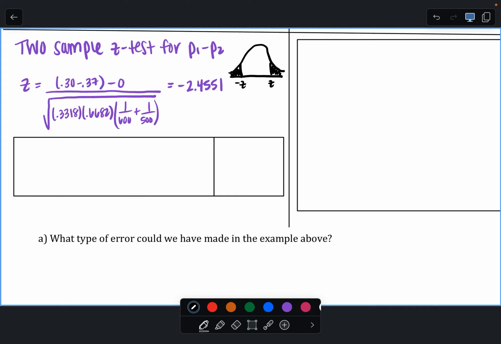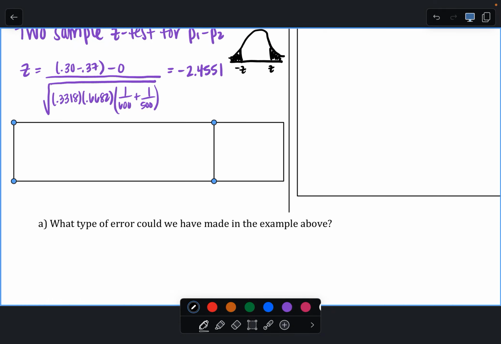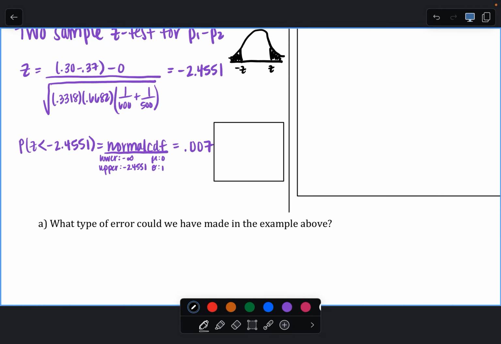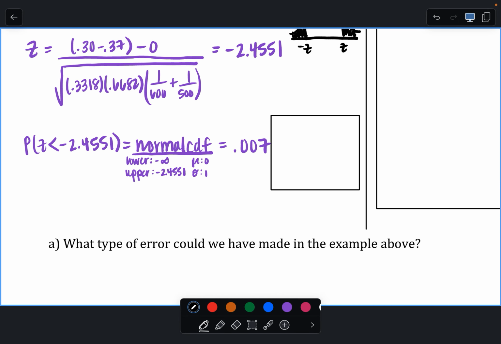So when I go in to find the p-value, I'm going to go in with the lower bound in mind simply because I have a negative z-score. So I did negative infinity to negative 2.4551, and I got a p-value of 0.007.